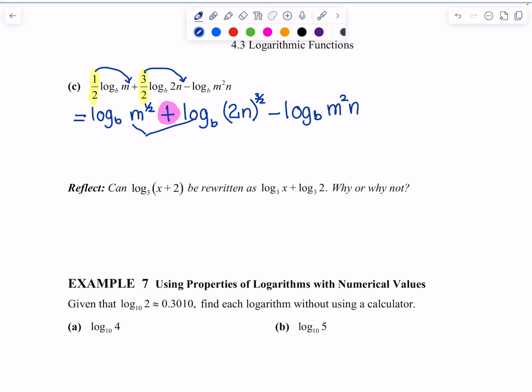We're going to put these together under addition, under multiplication. Log base B, m raised to the 1/2, and then we're going to have n to the 2 raised to the 3/2. All of that minus log base B, m squared n. Okay?